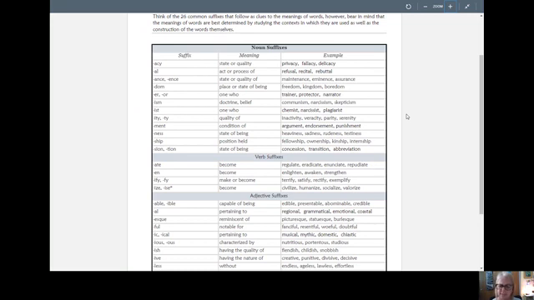It means that if something's private, it is yours alone and you don't want to share it. But if I add ACY to the end, it changes it to a noun. And so I can say, I like my privacy. I like the state of staying private, to be in that condition.